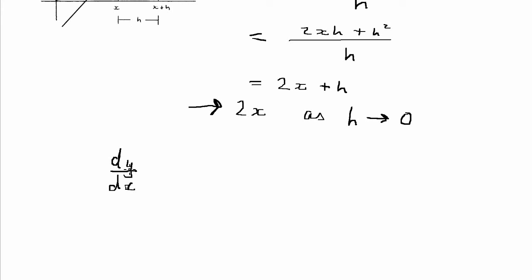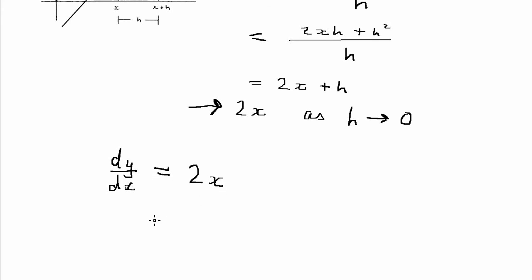Best to say this as dy dx rather than dy over dx or dy divided by dx, because although we've taken our inspiration from a change in y divided by a change in x, there isn't any such thing called dy that we're dividing by a thing called dx. See this as a single piece of notation, dy dx. So we would say in this case dy dx is 2x.